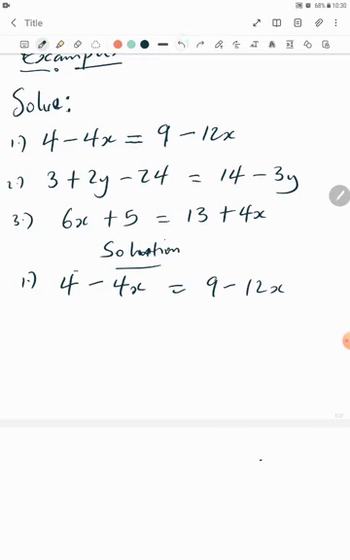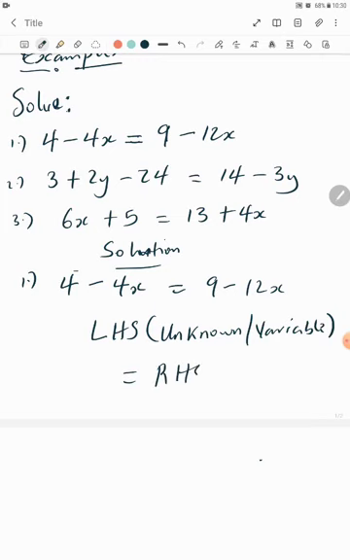Another thing that you should note is that in our culture, we always try to bring the unknown to the left hand side. The unknown group, your variable, will come to the left hand side, so that ordinary numbers will be on the right hand side. It doesn't mean that in mathematics, if we write 2 equals x and we write x equals 2, it's actually the same.